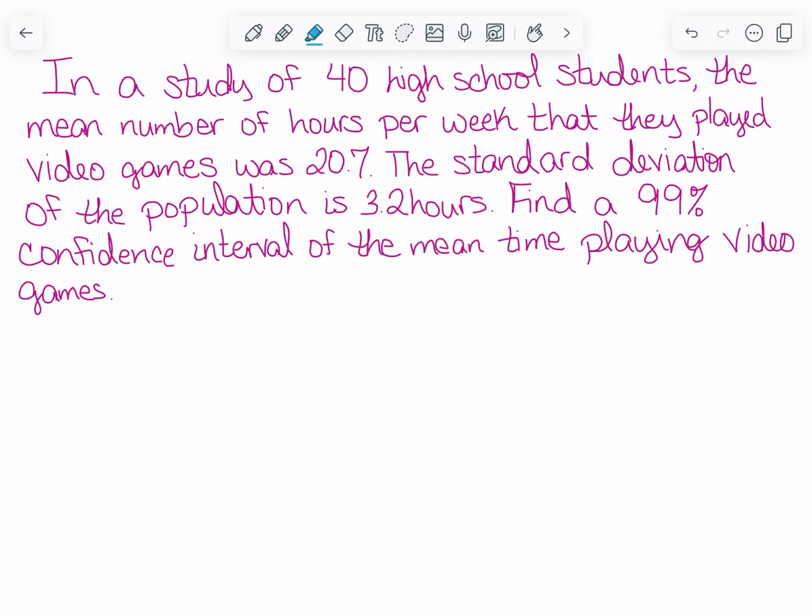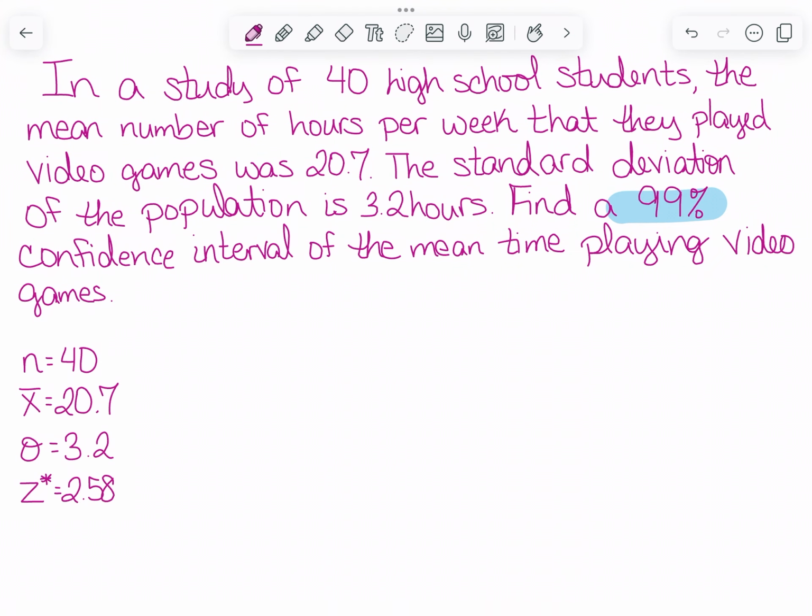Let's repeat this problem one more time, but this time, let's do a 99% confidence interval. Since the only thing I changed is the confidence level, the only thing that changes is the value of z star. A 99% confidence interval will correlate to this 2.58 value of z star.